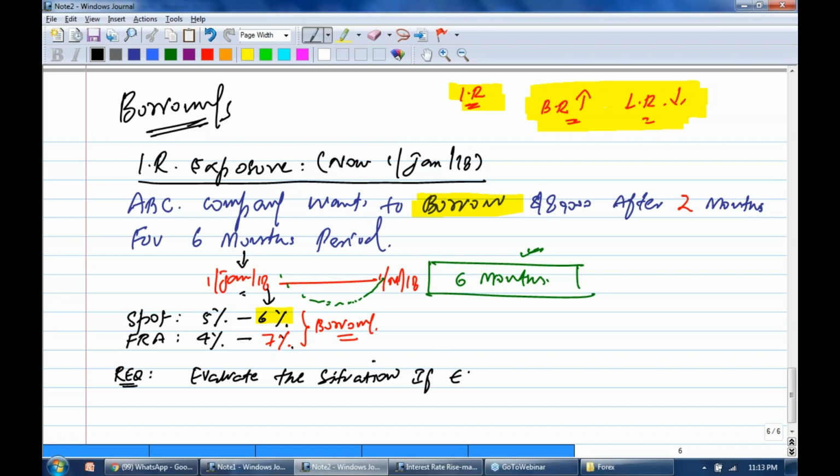If estimated spot, situation 1, situation 2, 8% and 5%. Candidates, basic rule of interest will not be challenged.